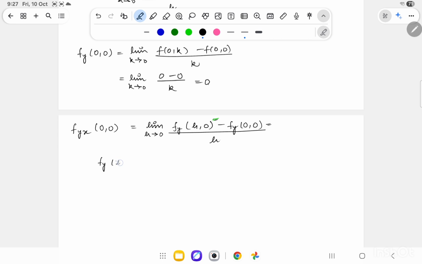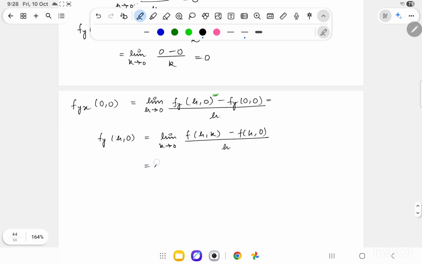So f_y(h,0) will be equal to the limit as k approaches 0 of [f(h,k) minus f(h,0)] divided by k. So it will be equal to the limit as k approaches 0, f(h,k) will be hk(h² minus k²) divided by (h² plus k²), minus 0, divided by k.